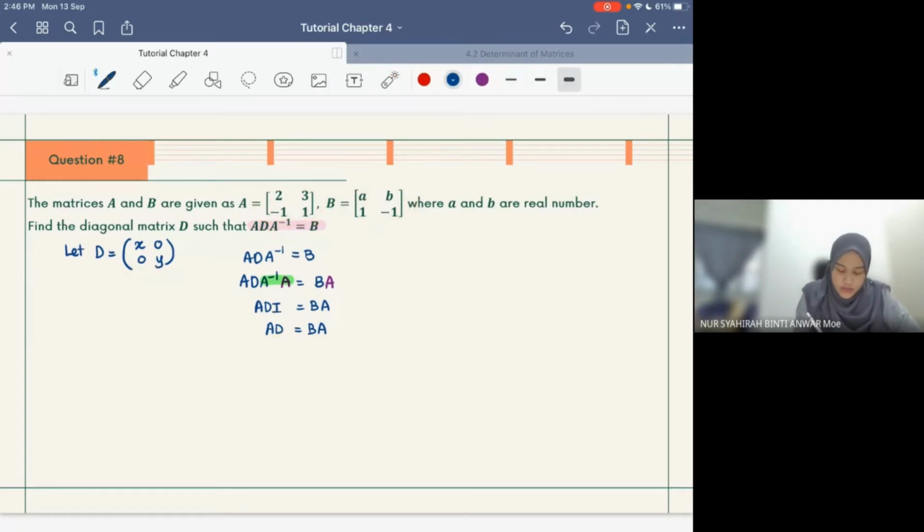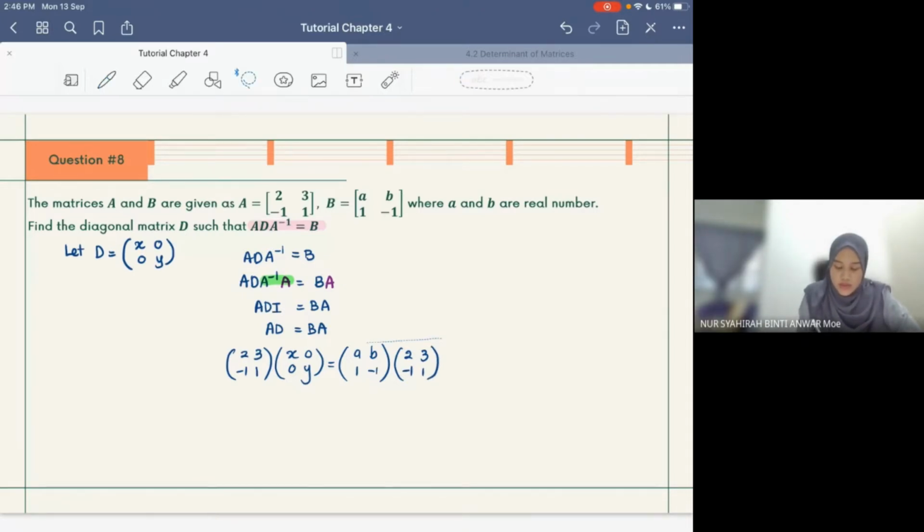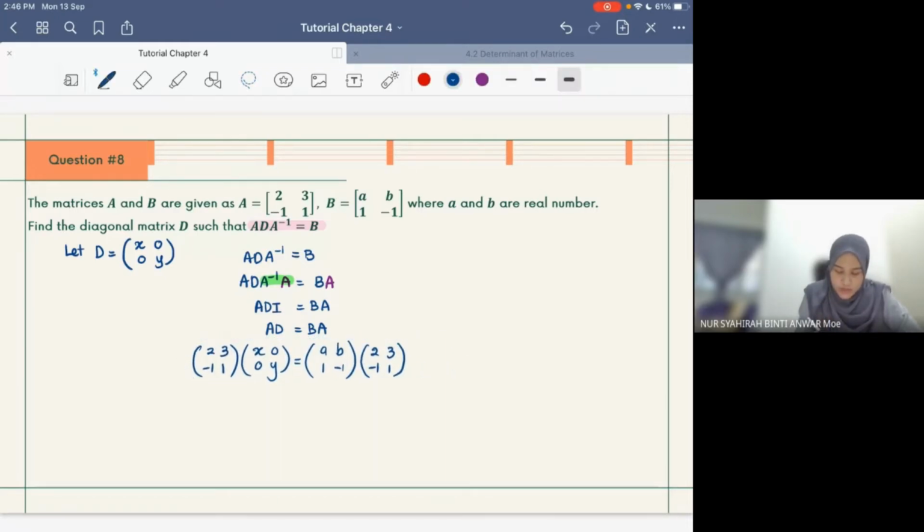So it will be 2, 3, negative 1, 1 darabkan dengan matrix D x0, 0y equals to matrix B A B 1, negative 1 and matrix A 2, 3, negative 1, 1. Okay, now we can perform our multiplication of matrices.